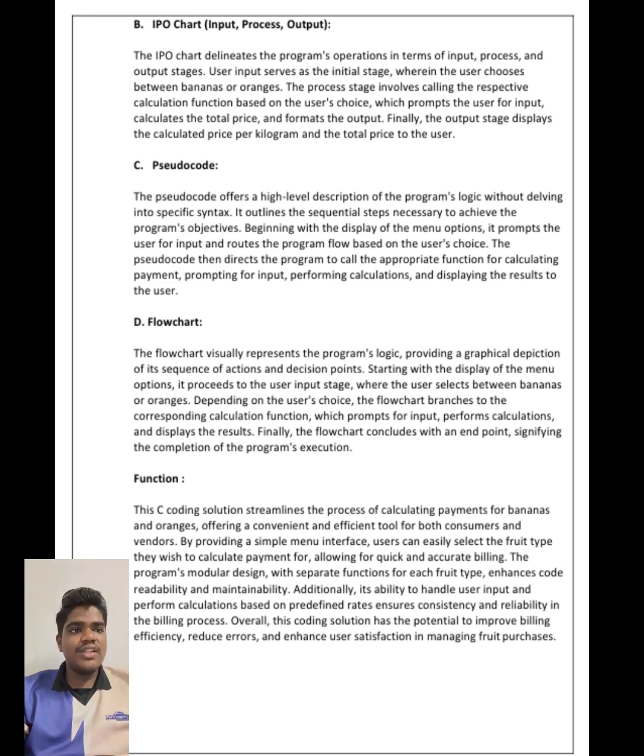The process stage involves calling the respective calculation function based on the user's choice, which prompts the user for input, calculates the total price and formats the output. Finally, the output stage displays the calculated price per kilogram and the total price for the user.